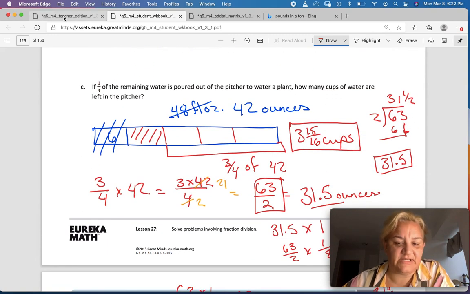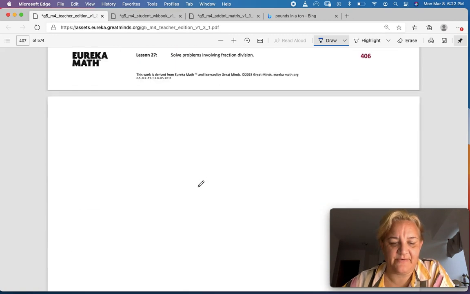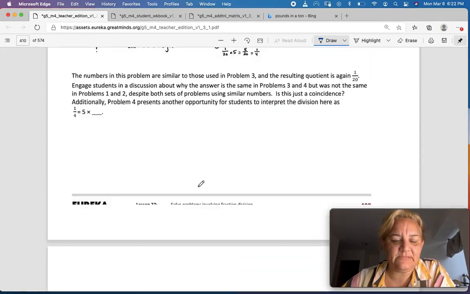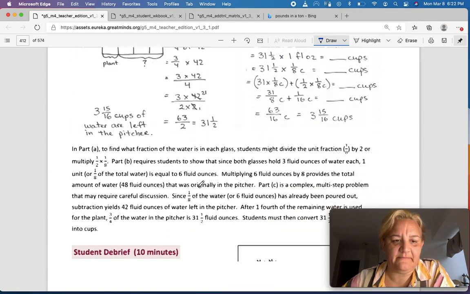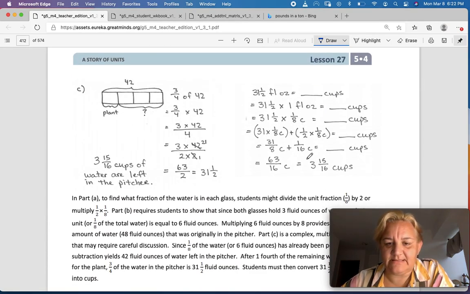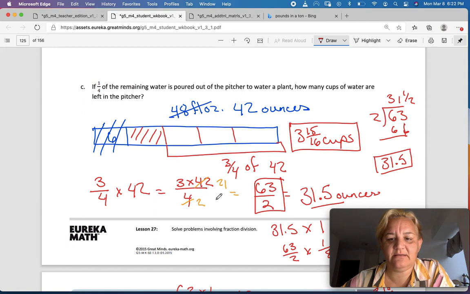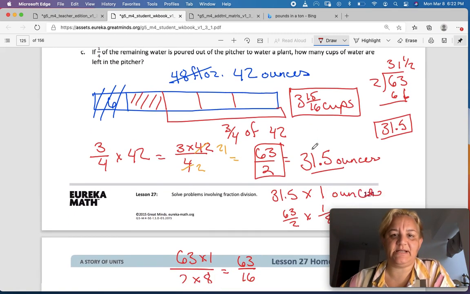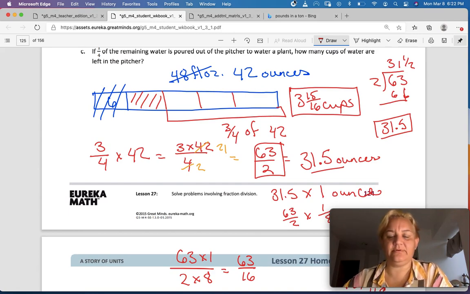Hard one. Actually, I am going to double check it because I just don't trust myself on that one. There were so many steps and so many ways to mess that one up. Let's go back and see. Okay. Look at that. 3 and 15/16 of a cup. I did get it right. Well done, me. Good job, you guys, too. I bet you got it faster than I did. Okay. Whew. That was a long one.